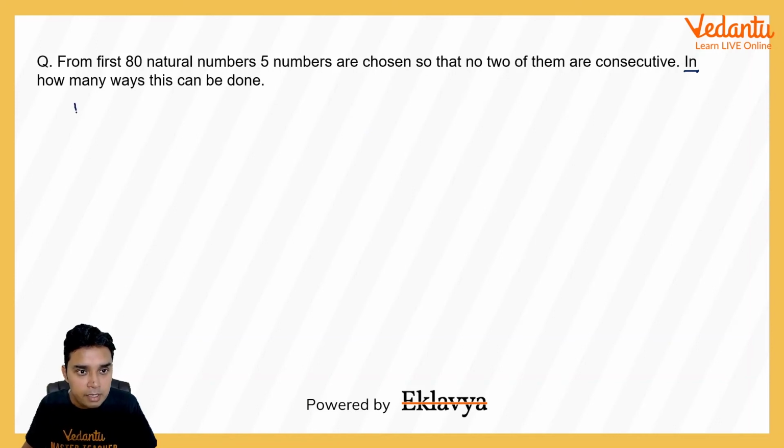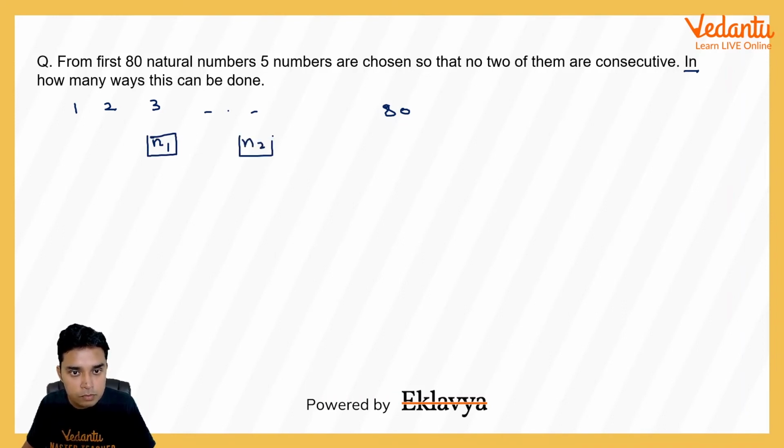First method is that we have 1, 2, 3 and so on up to 80. Let us assume the chosen numbers are n1, n2, n3, n4 and n5. I think 5 numbers we have to choose.